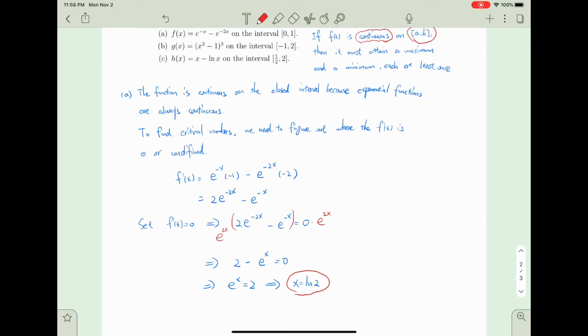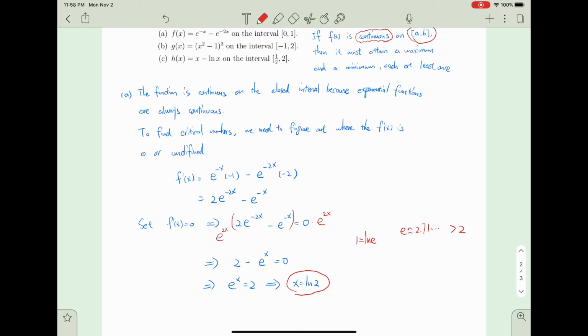And indeed, it is, because 1 is equal to ln e. And we know that 2 is less than e, because e is approximately 2.71, which is greater than 2.